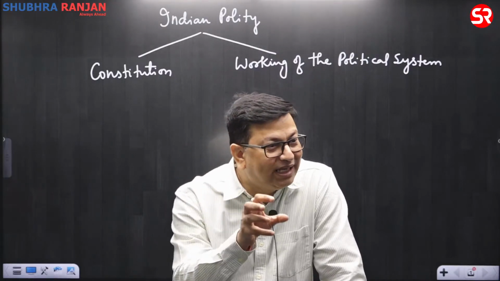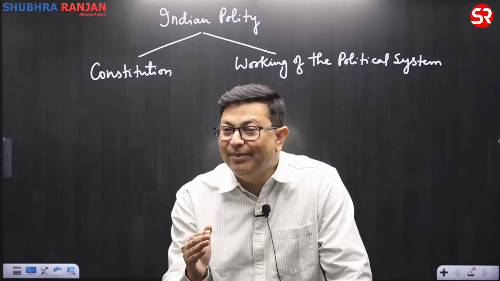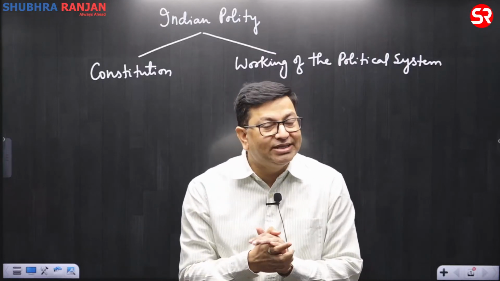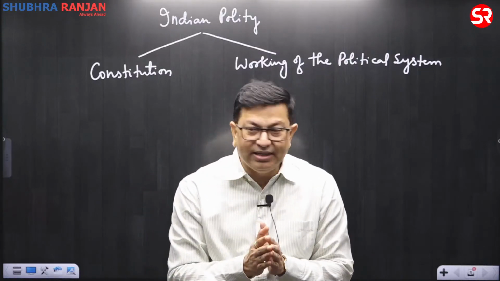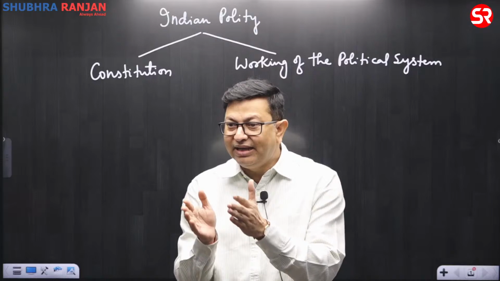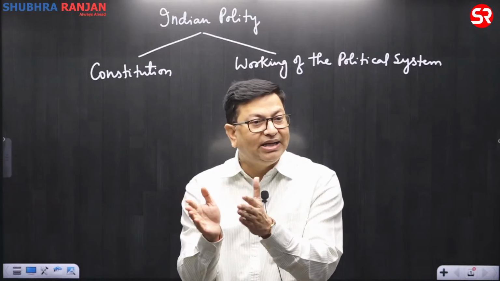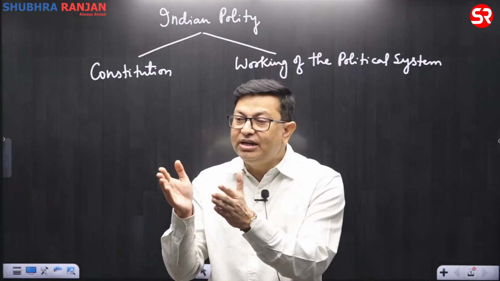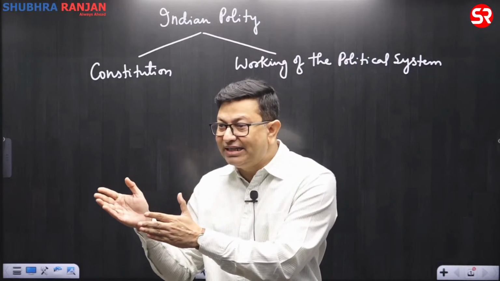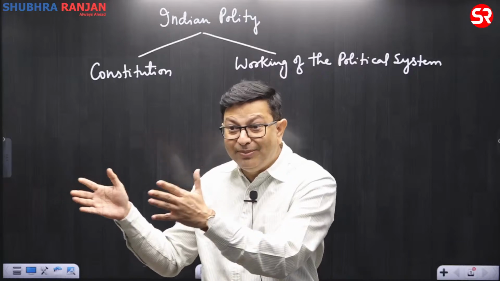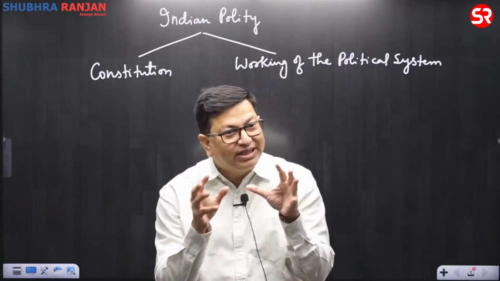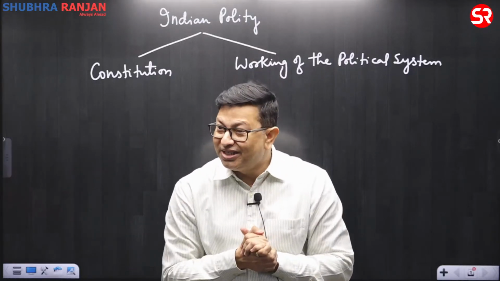Suppose there is a political party or a pre-poll coalition, meaning a coalition before the election. It is there in Maharashtra also: two coalitions, one led by the Bharatiya Janata Party, and one consisting of the NCP, Congress and the Shiv Sena Uddhav Thackeray group. So two pre-poll coalitions are there. So what is this concept of pre-poll coalition?